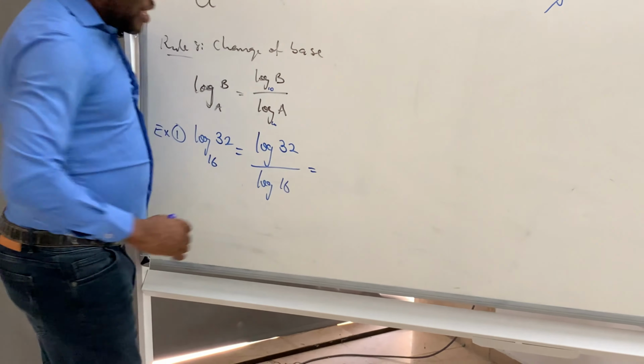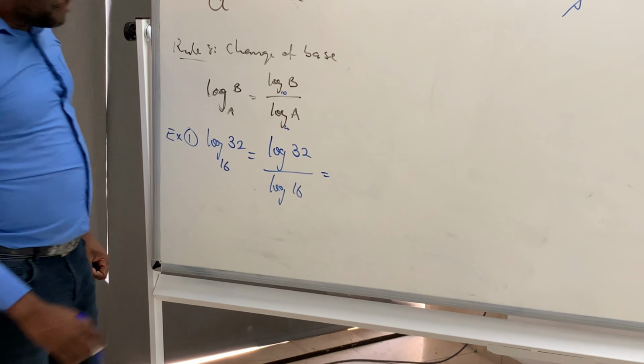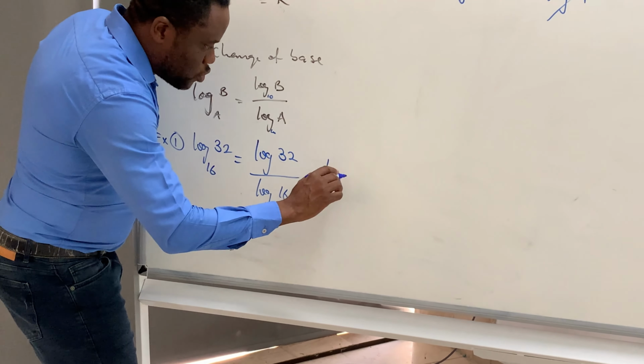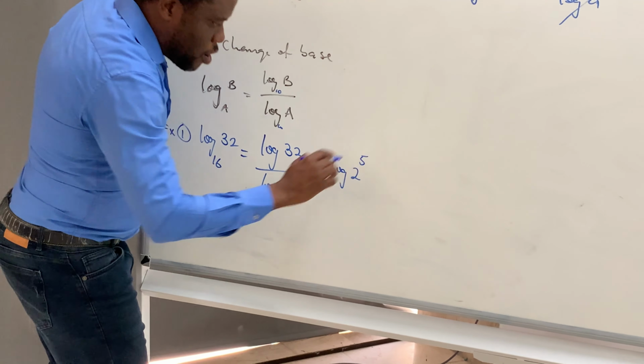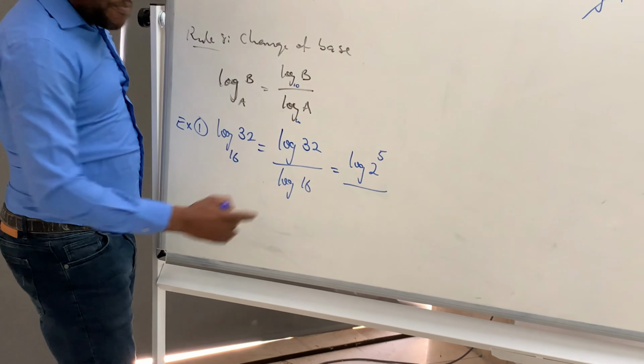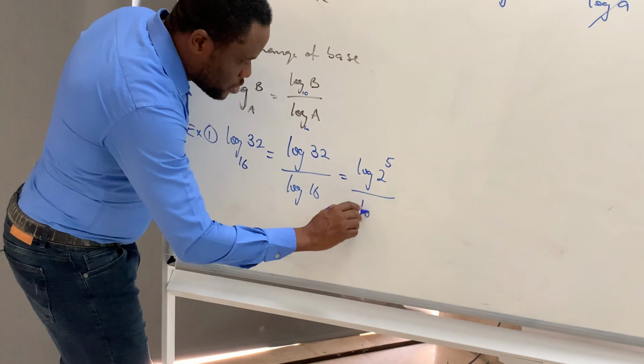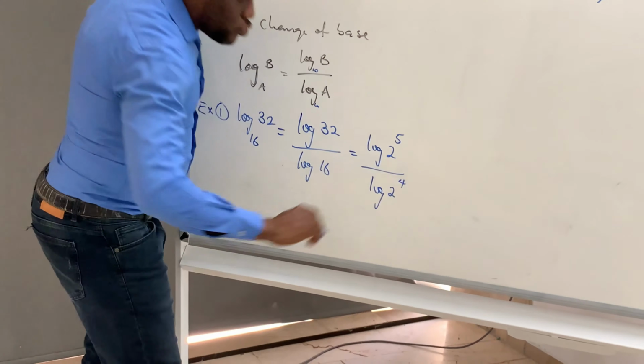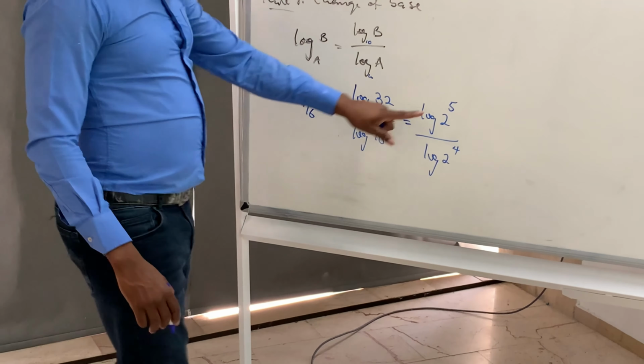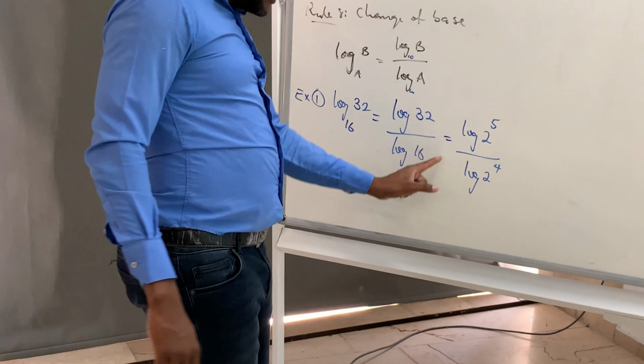So break this guy down. We have log of 2 to the power of 5 divided by, breaking 16 down, log of 2 to the power of 4. This guy comes here, this guy comes here.